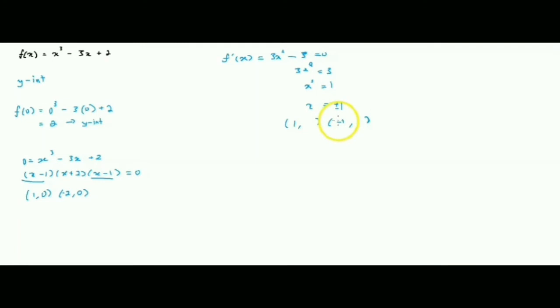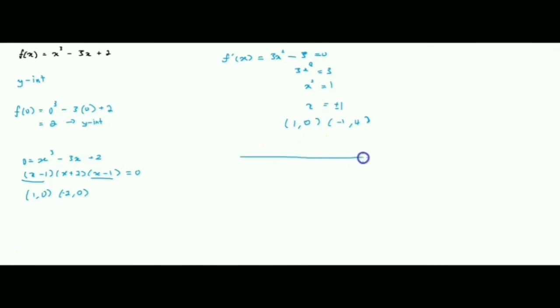When x is equal to 1, y will become 0. When x is equal to negative 1, we use this function to get y, so it will become 4 here. So these are the two critical points.